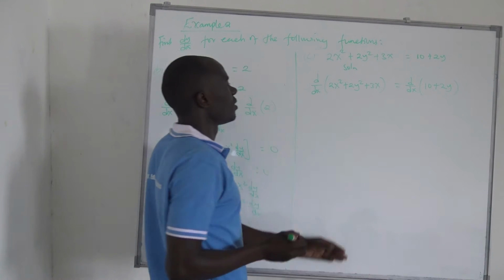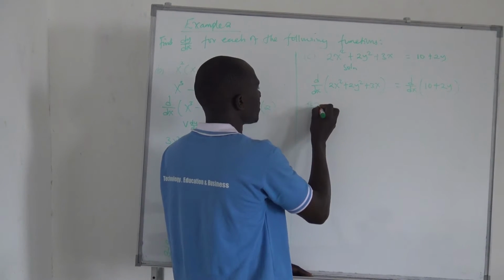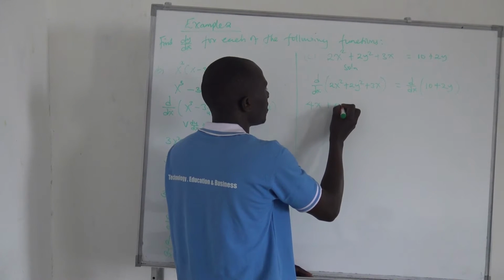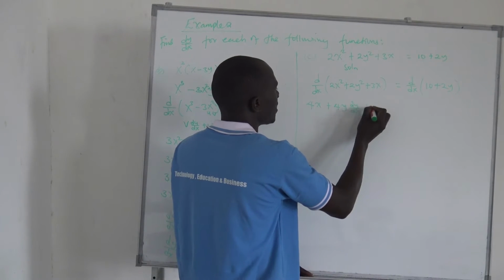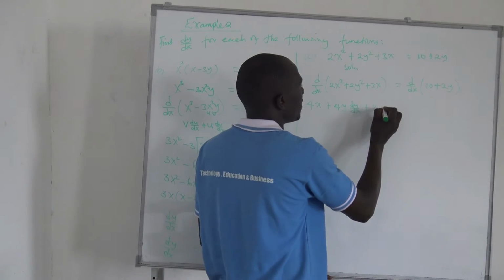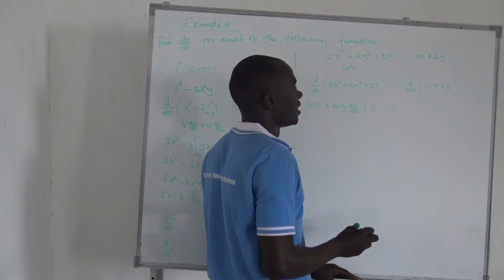So can we differentiate? When I differentiate 2x squared, what do we get? We get 4x plus, when we differentiate 2y squared, we get 4y dy/dx, plus, when I differentiate 3x, we get 3, equals, when I differentiate 10, I get 0.